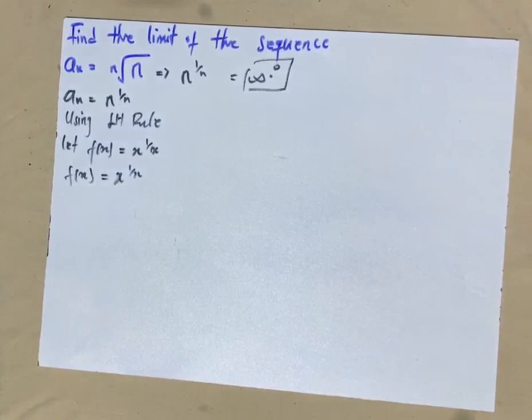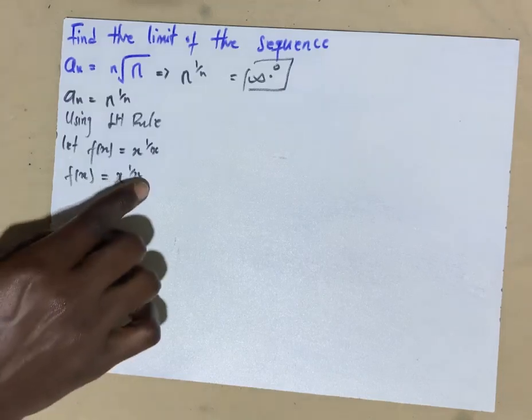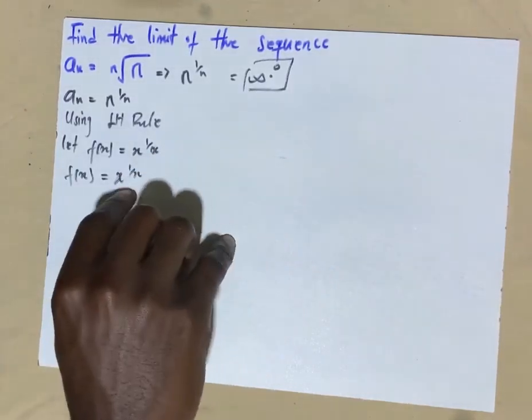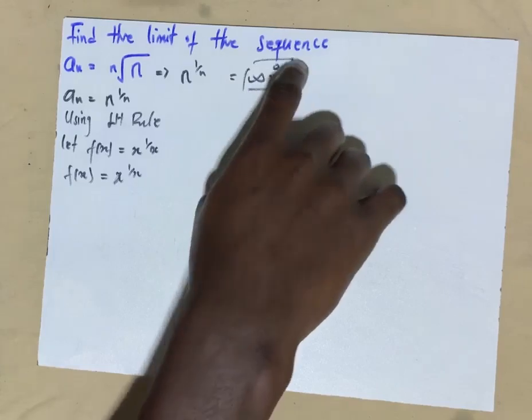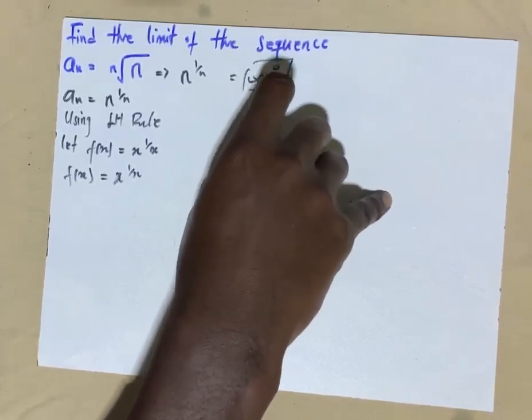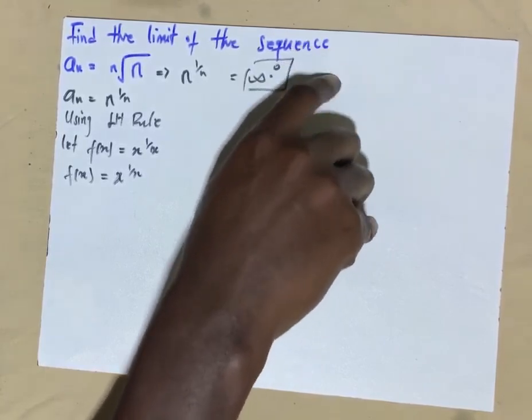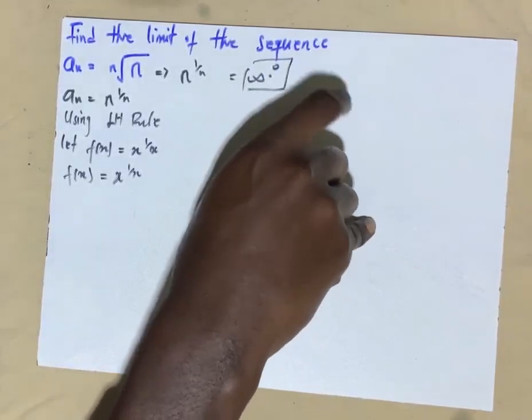There is no possible way we can easily simplify this, but rather we can use the natural log to easily bring this exponent downwards. Right now, when you input infinity, you are having infinity to the power 0, and this is an indeterminate form. Because of this, we have to change it into a fractional form. How do we do that?